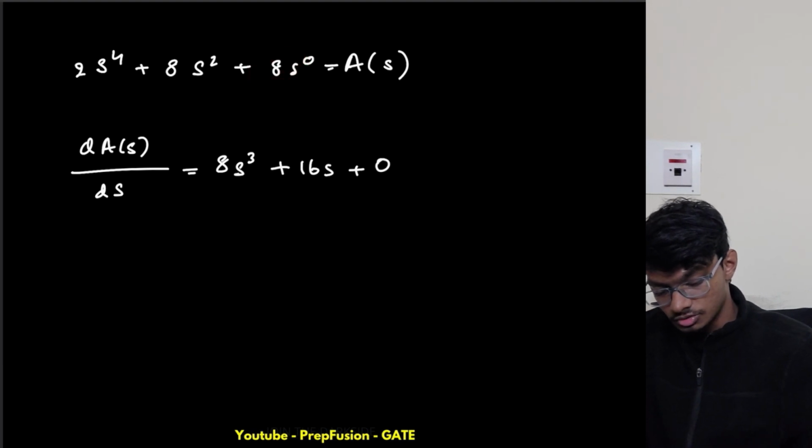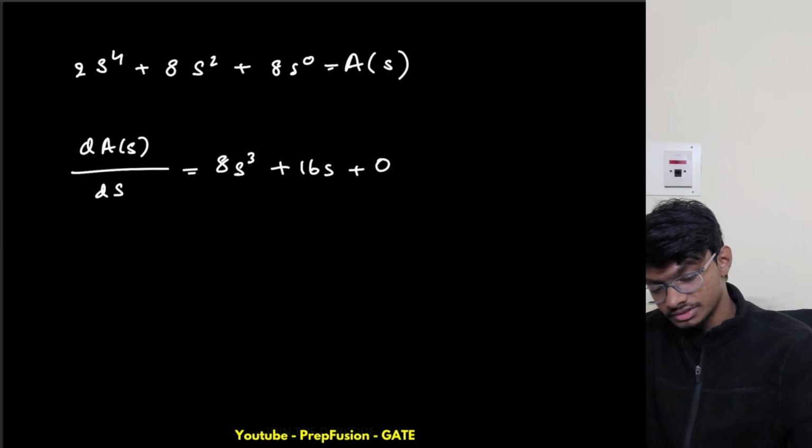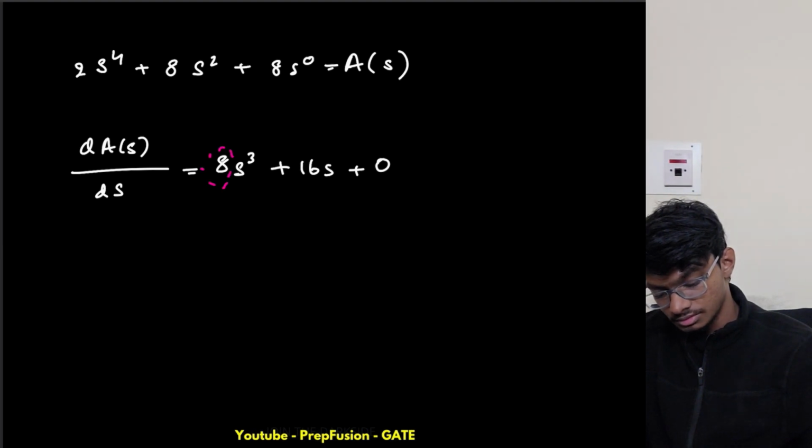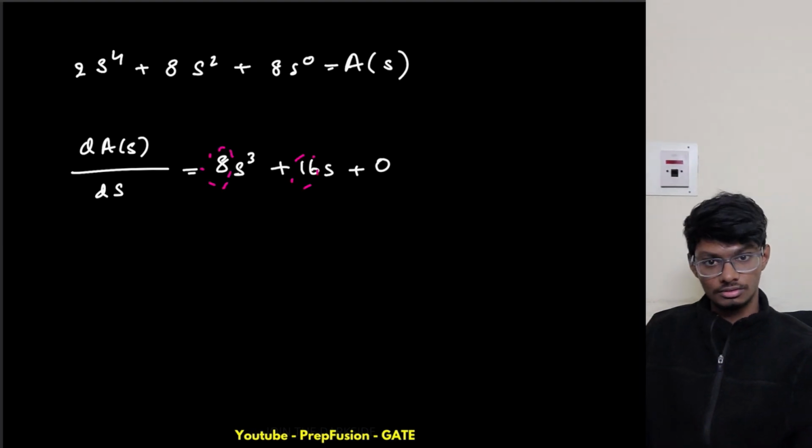So the coefficients of this one will be the row of 0.